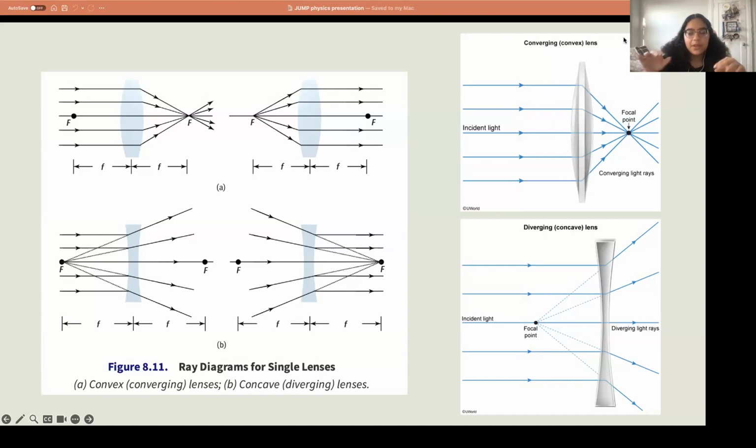Or if you're looking from the focal point on the other side, it will be spreading out and then going parallel. And then for diverging lenses, they'll usually have virtual images since the rays actually diverge and you have to dot the lines back. So on the right side, you can see here, it goes and it diverges, and then you have to draw the dotted lines back.